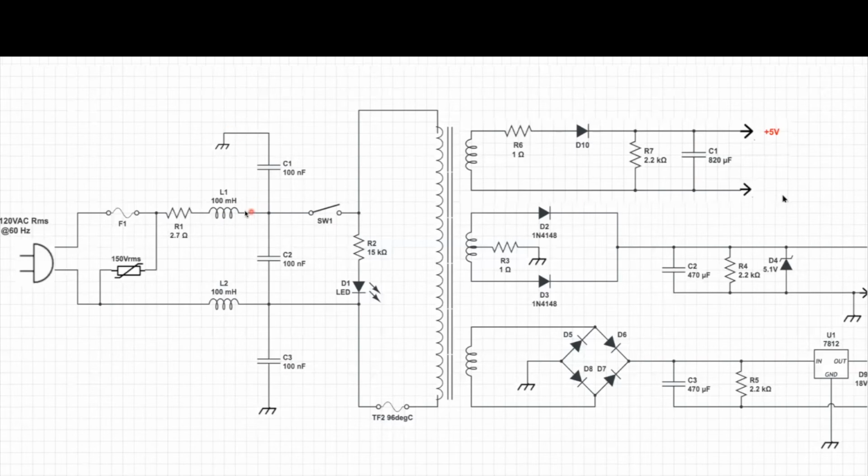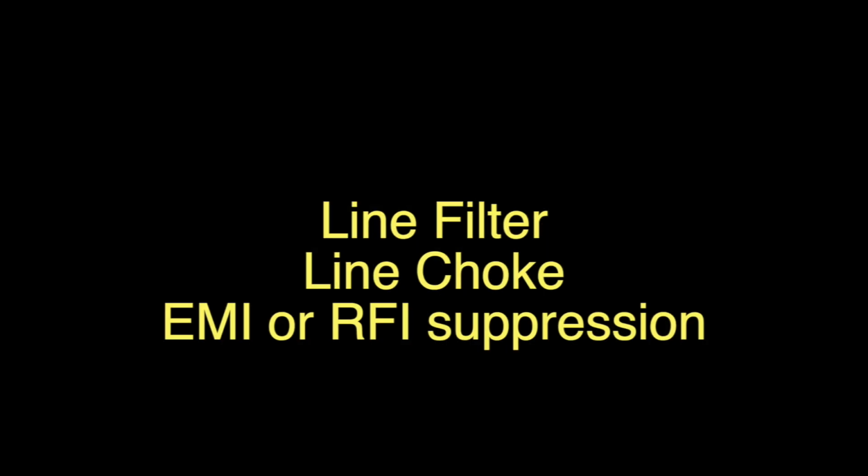So if a high frequency manages to push through some of these inductors, that remaining high frequency should be bypassed through to ground through these capacitors. Now this whole little series of parts, these capacitors and these inductors, have a name. Some engineers call it a line filter. Some engineers call it a line choke.